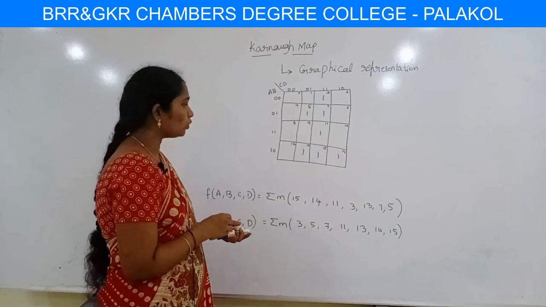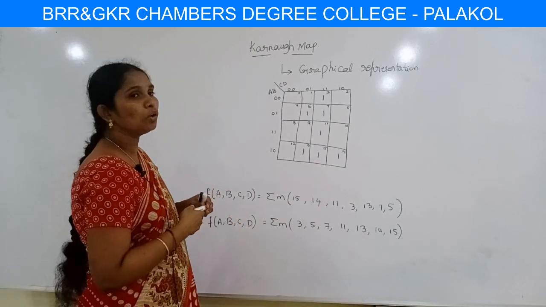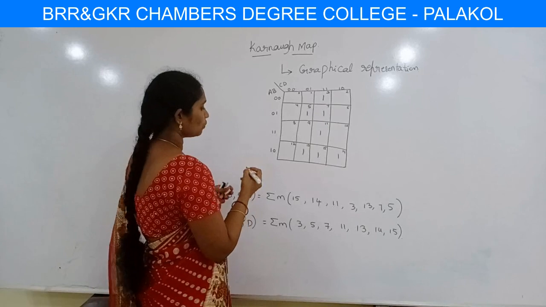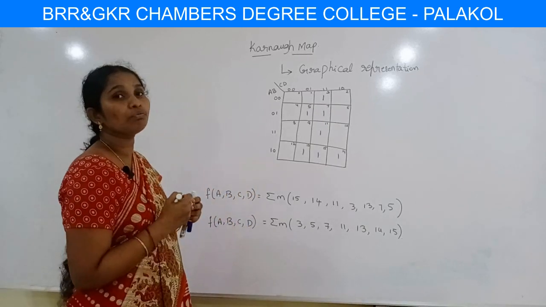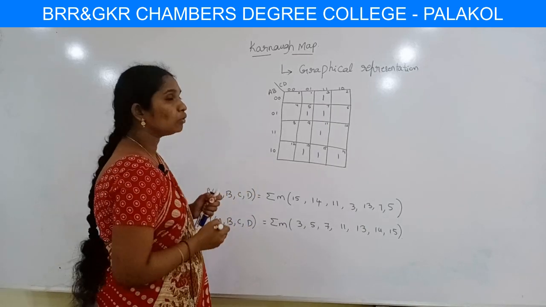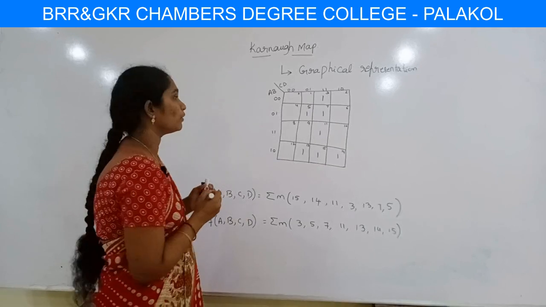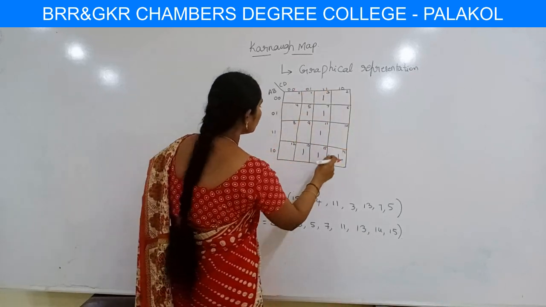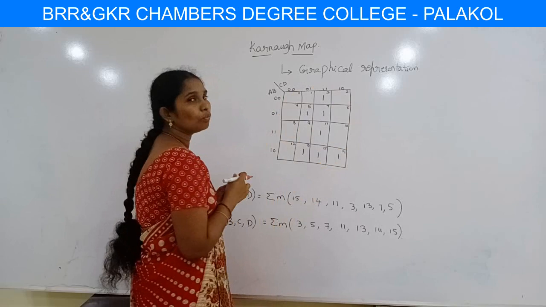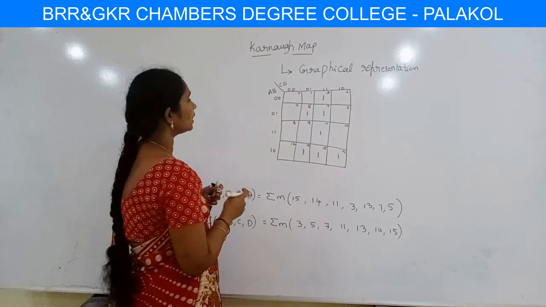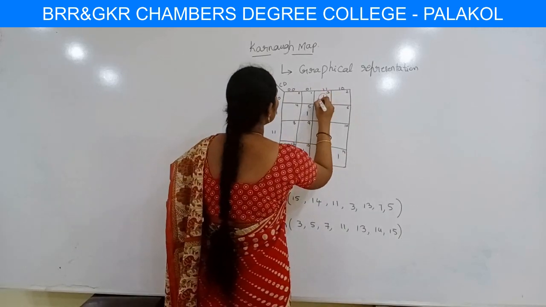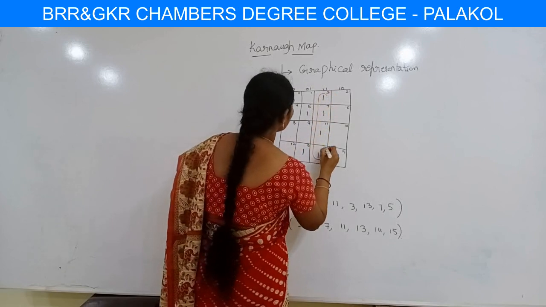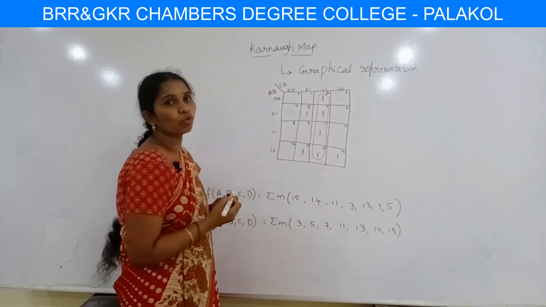So now we have to do the loops. Okay, so first of all, what is the maximum number of ones? So you have to group that maximum number of ones first. You have to observe this 4 variable K map. How many maximum ones are there? So there are 4. So that's why we have to form a loop for this 4.